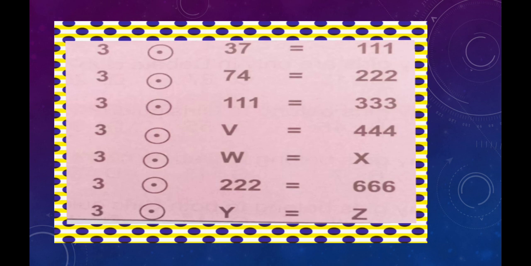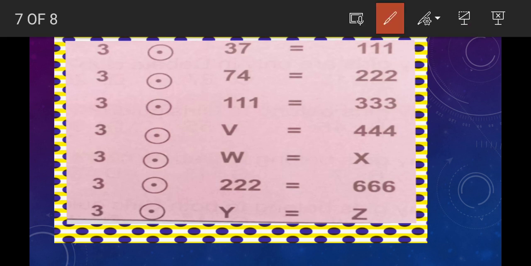W is equal to the value of our v plus 37, because the difference between each of them is 37. So when you sum v plus 37, that gives you W.